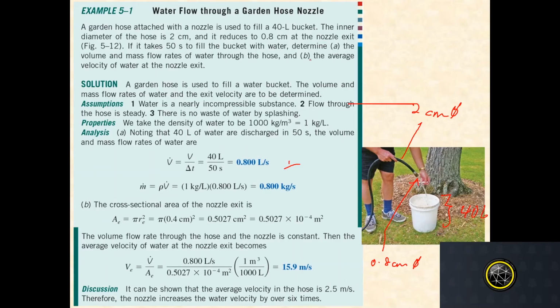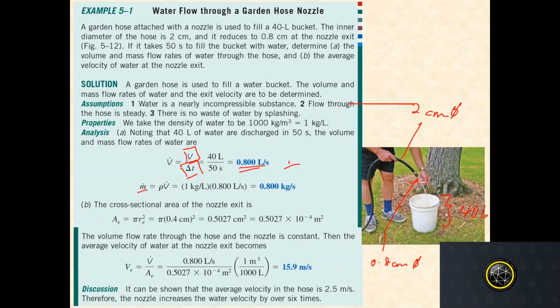It asks for the volume and mass flow rates of water in the hose. You already know the volume of the bucket is 40 liters, and it takes 50 seconds to fill. So the division of 40 liters over 50 seconds will give you the volumetric flow rate. It gives you 0.8 liter per second.